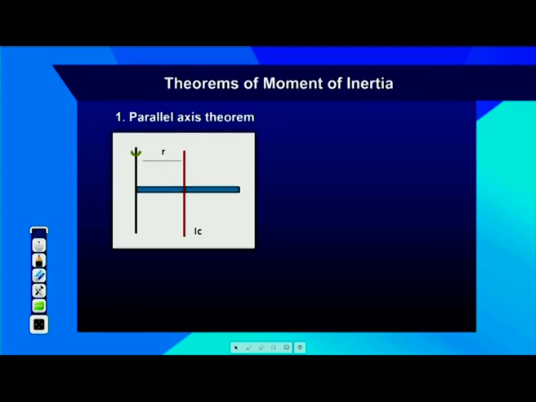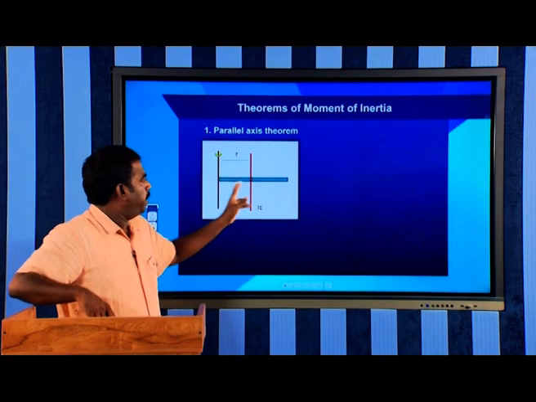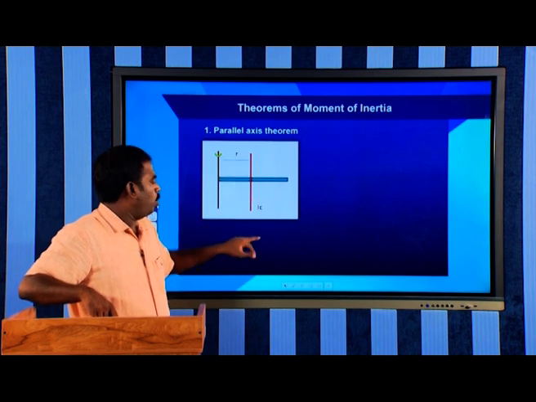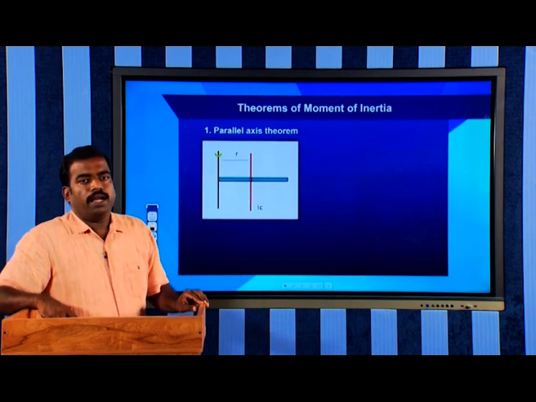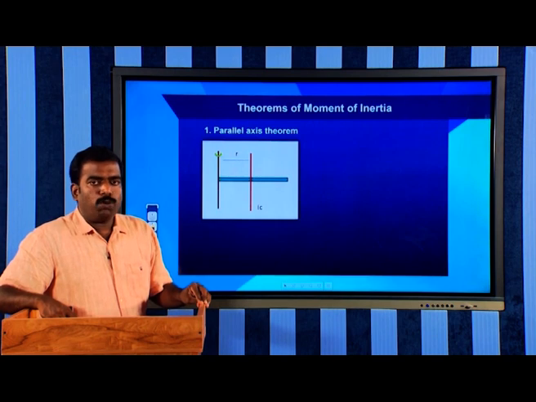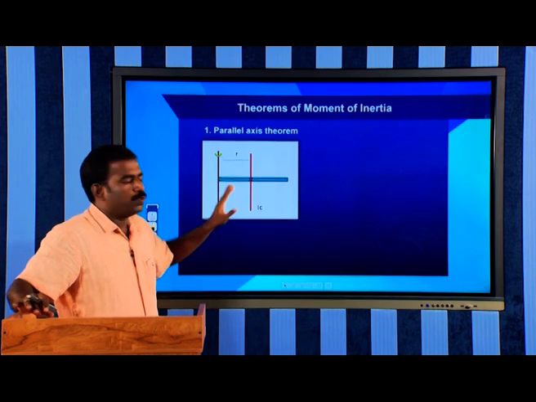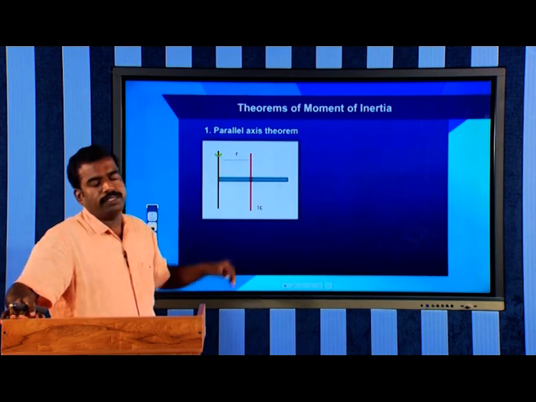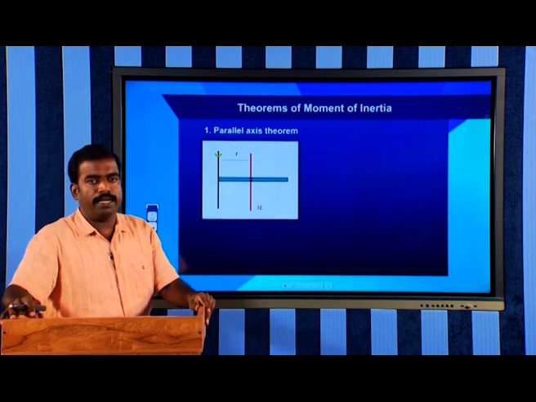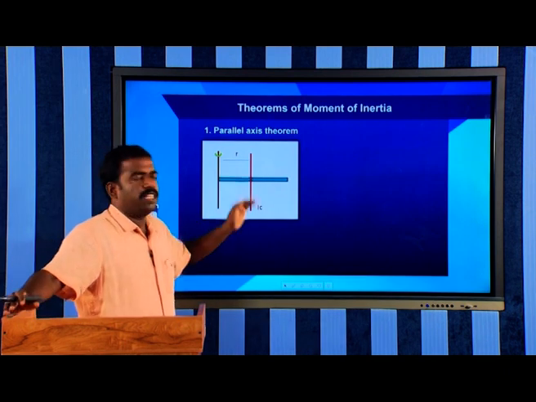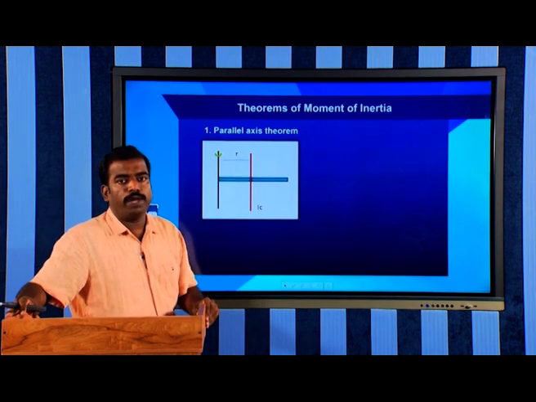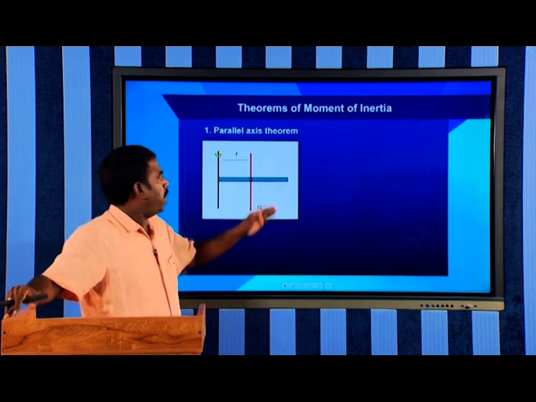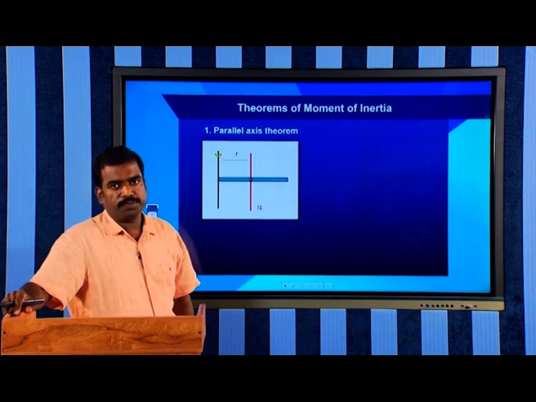The summary of the theorem is: suppose you have a rigid body, you can see this rectangular rod is the rigid body, and you need to find the moment of inertia of this body about an axis passing through one of its edges or ends, and you know the moment of inertia of the same body about an axis which passes through the center of mass.